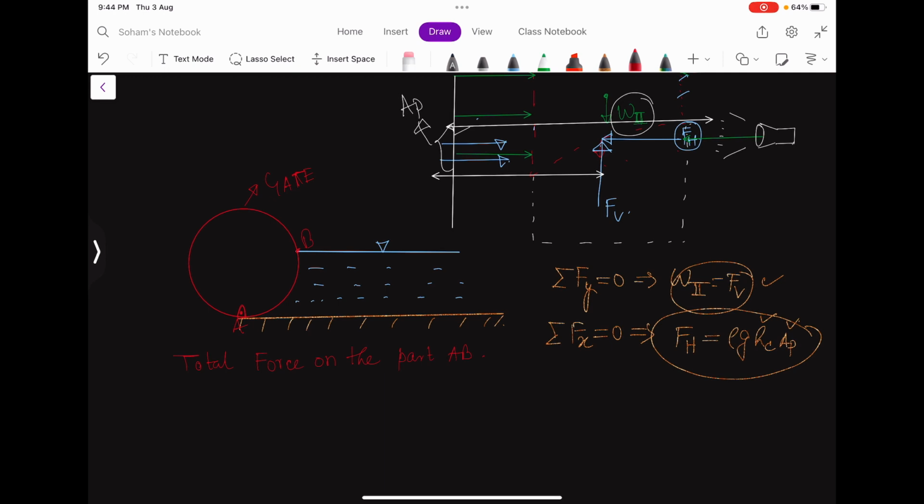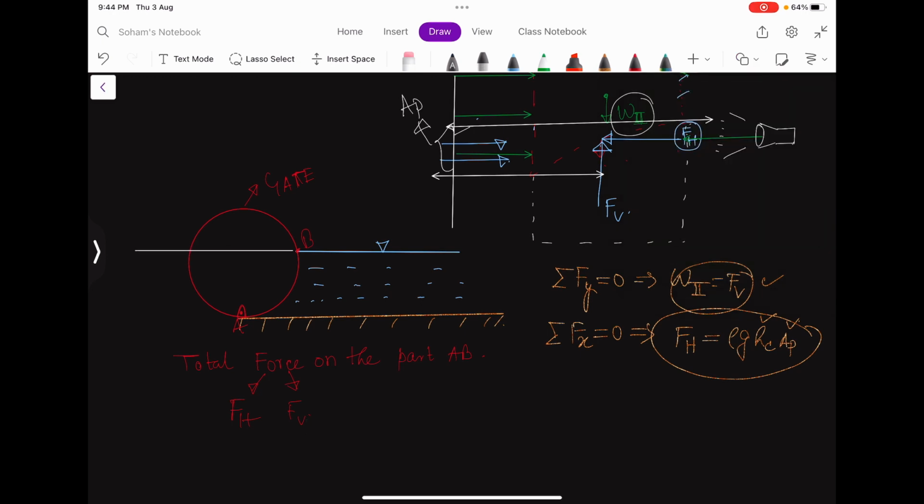So how can you do this? I am just applying the same concept. This force has two components, one horizontal, another vertical. For the horizontal component, I have to make a projection on the vertical plane.